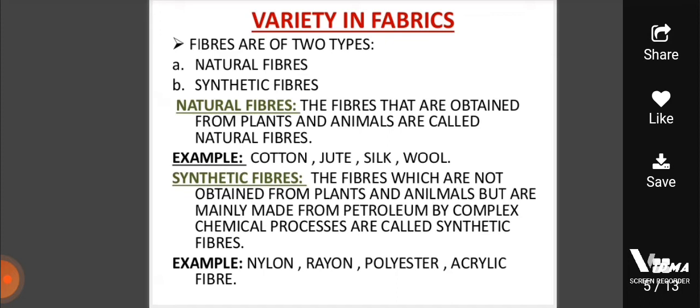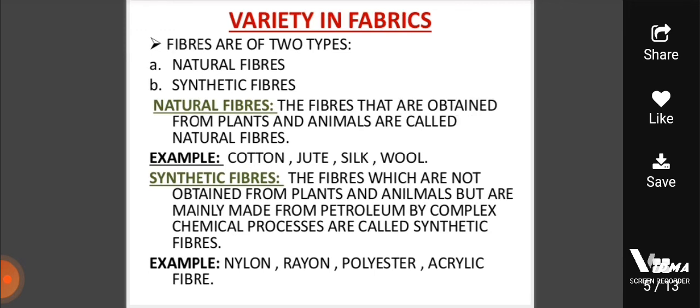For example, cotton, jute, silk, wool. Whereas the fibers which are made from petroleum by complex chemical processes are called synthetic fibers. Examples: nylon, rayon, polyester and acrylic fiber.